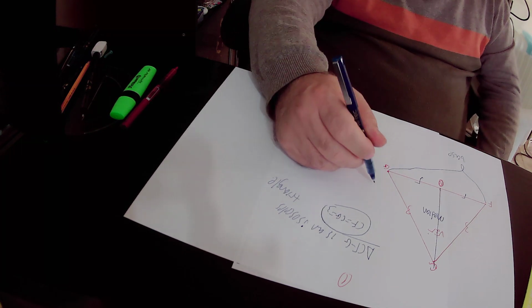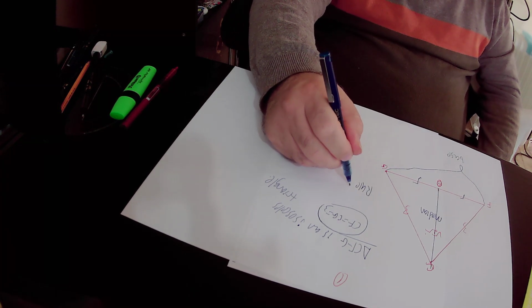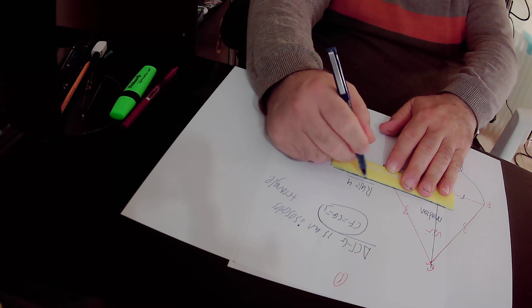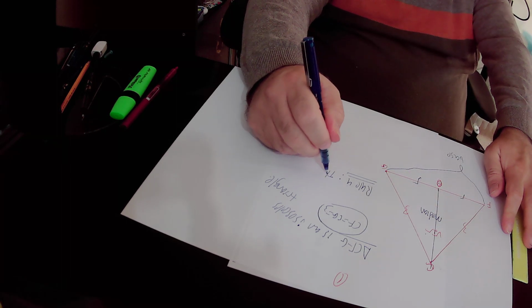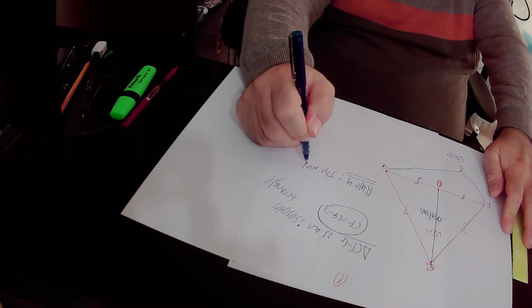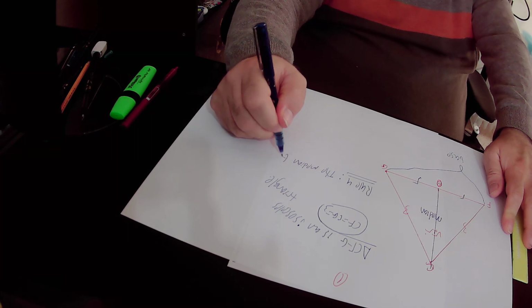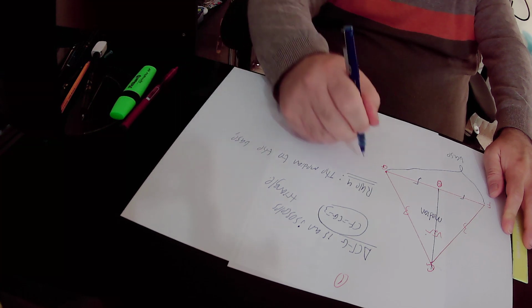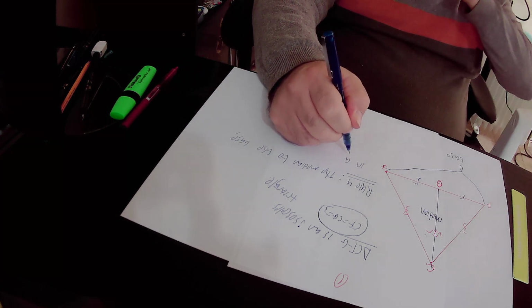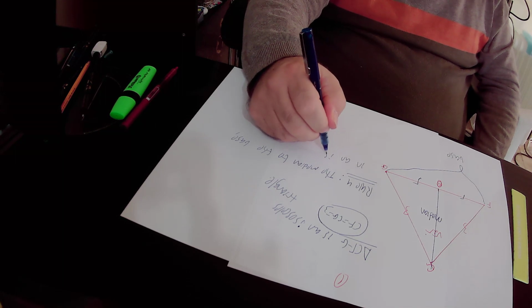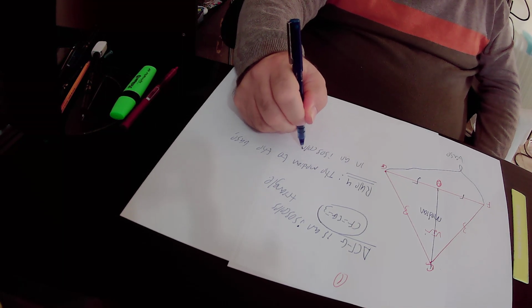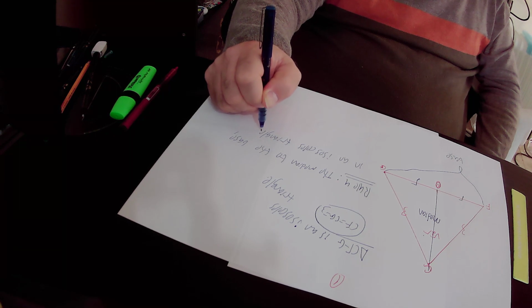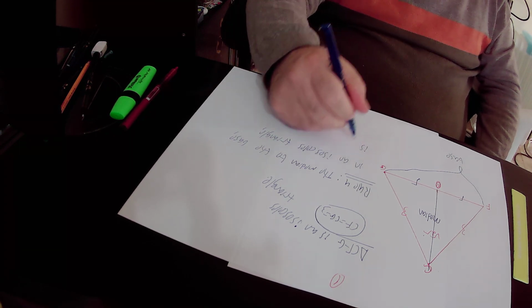According to rule number 4, the median to the base in an isosceles triangle is perpendicular to the base.